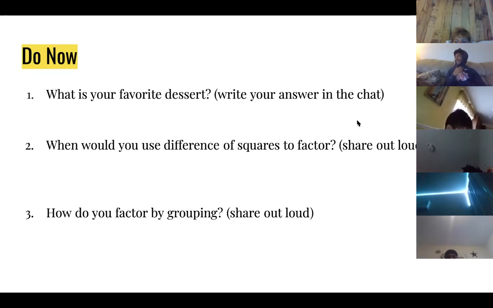Is that what we did yesterday? Yeah, in which situation, what conditions need to be true to use difference of squares? There has to be two terms. Yeah, two terms. What else do you need?